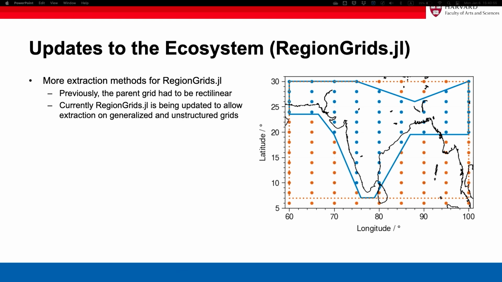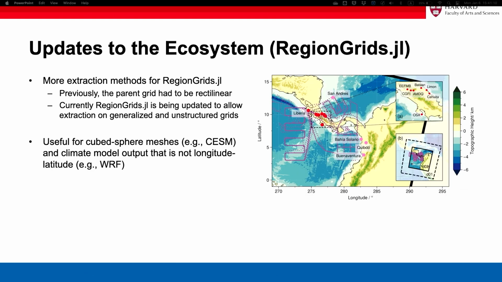There are also more extractions for region grids. So basically, previously with region grids, you had to use a rectilinear longitude-latitude grid. I am currently in the process of extending it for more generalized and unstructured grids. So for example, it will be useful for WRF. So this is a WRF domain here. With WRF, the data output is not on a rectilinear longitude-latitude grid.